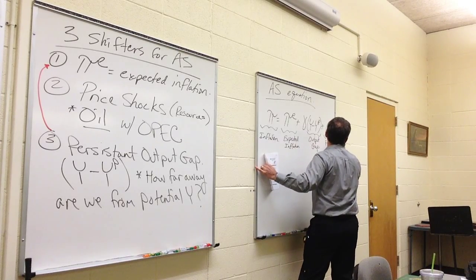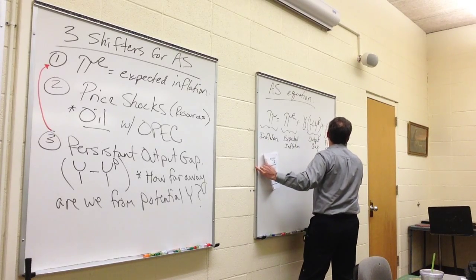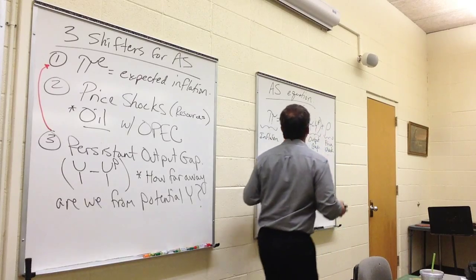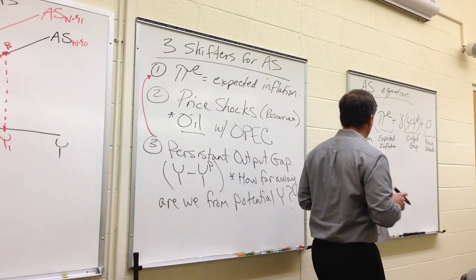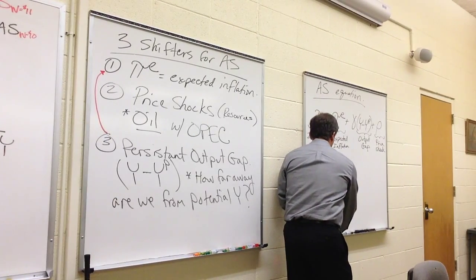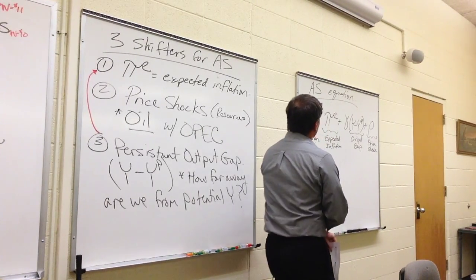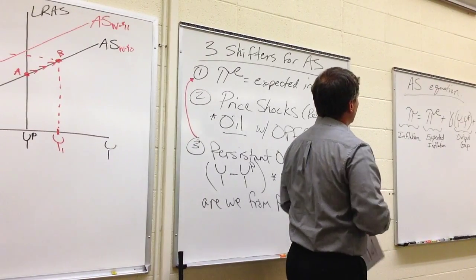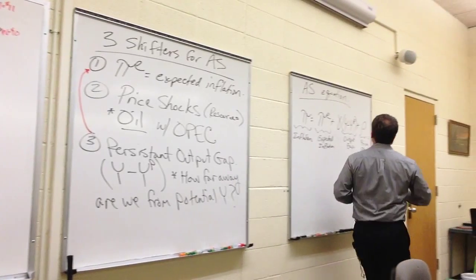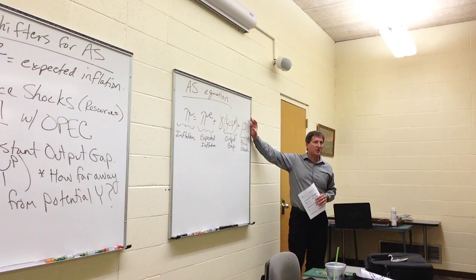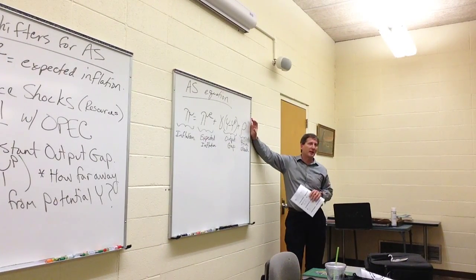This is the price shock. Rho is a fixed number. It's just the price shock for oil prices or whatever.